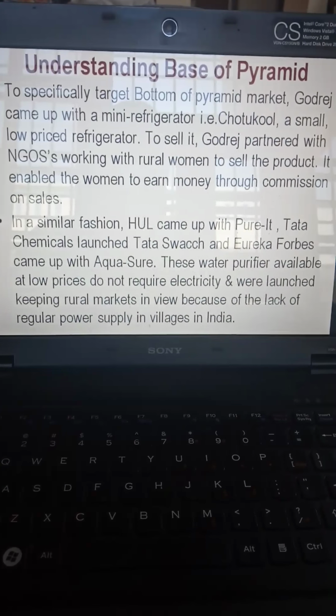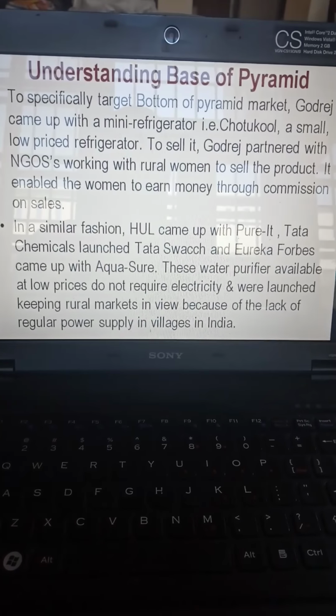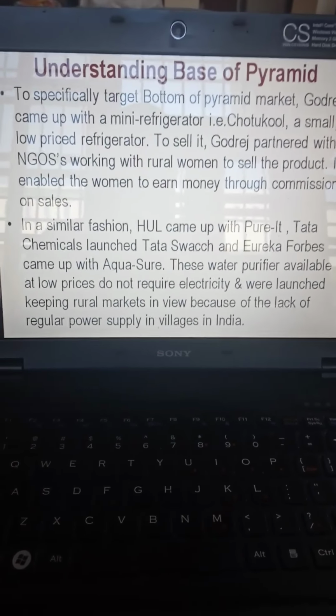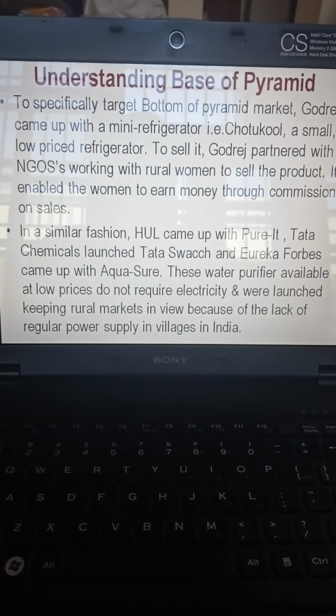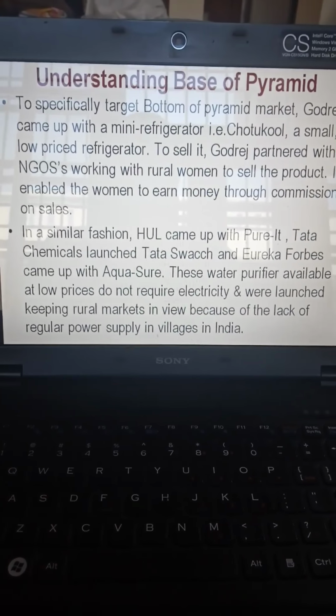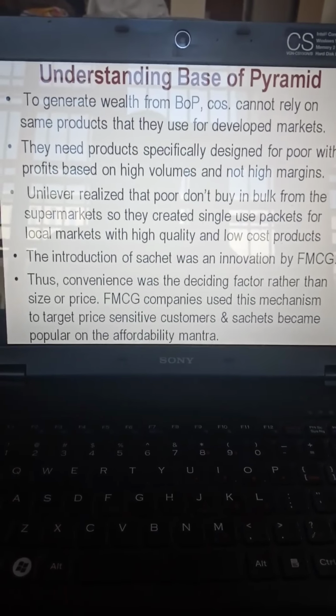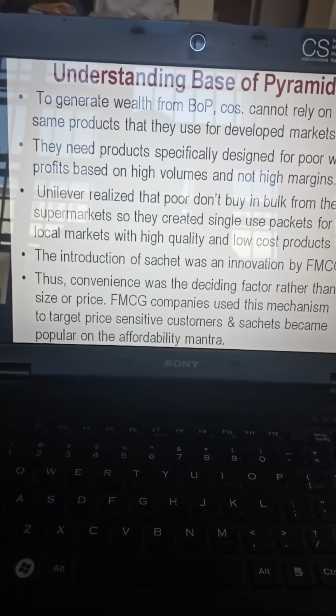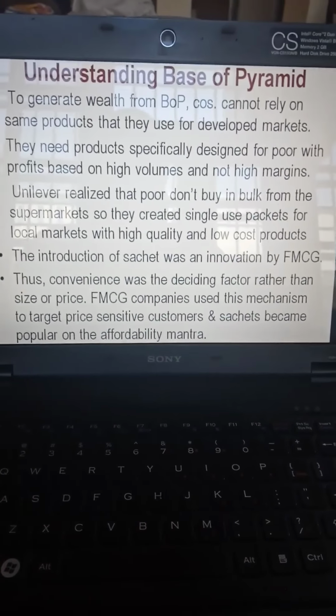Then the realization came from the fact that the poor could not buy in bulk from the supermarkets. So how do they buy? We should put our products in a single use pouch for local markets with the same quality but keeping the price as minimum as possible.